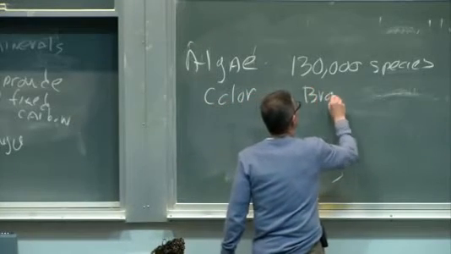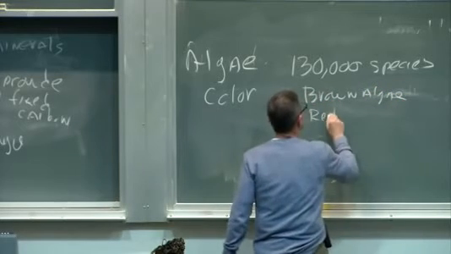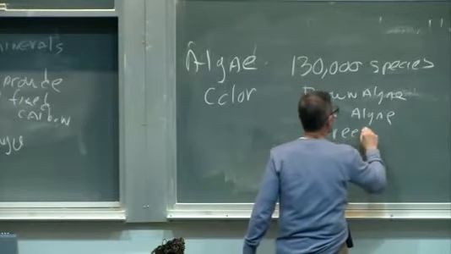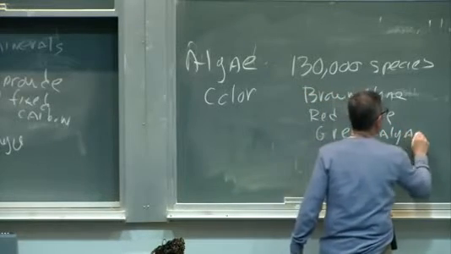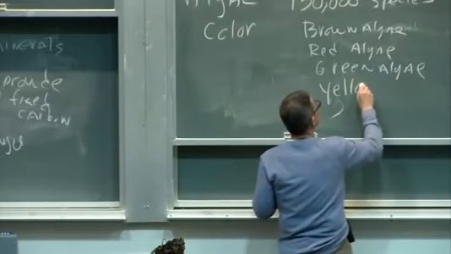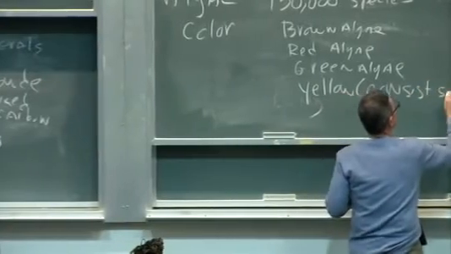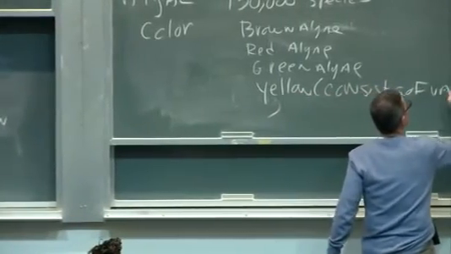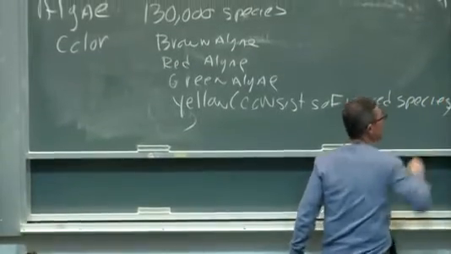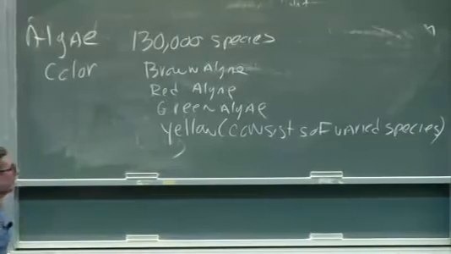Brown algae, red algae, the green algae, and a group which we'll call yellow, which consists of varied species. And we'll talk about this in a moment.